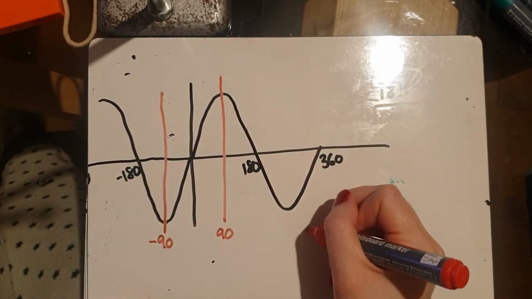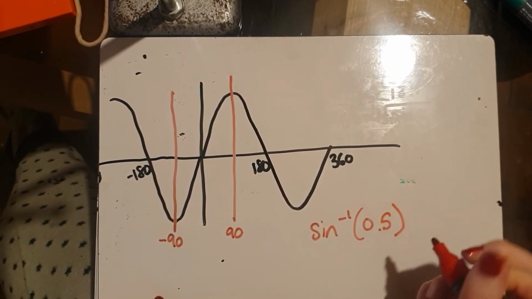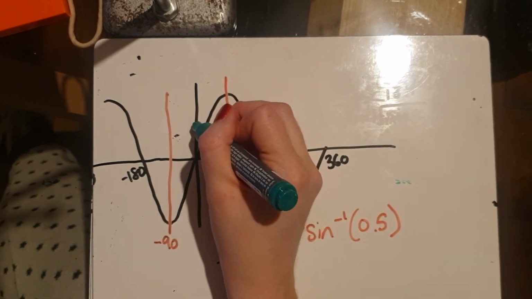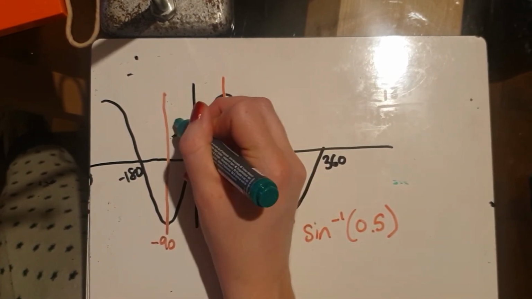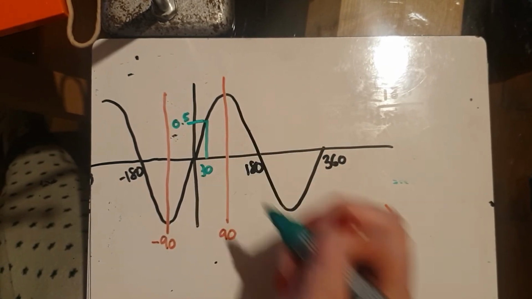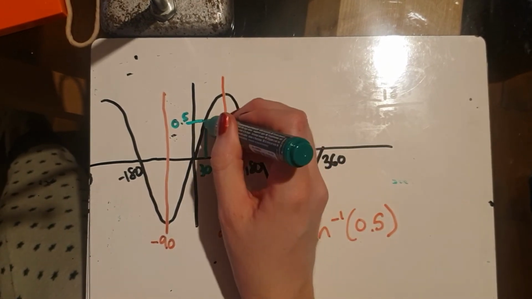So for example, if I do sine inverse of 0.5, so 0.5 is here, sine inverse will give me 30 degrees. But that is an acute angle.